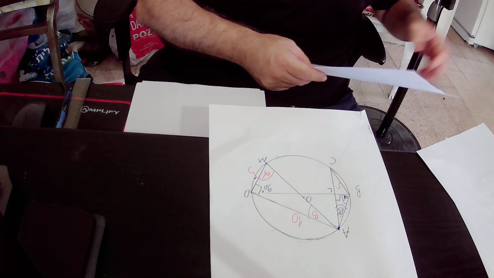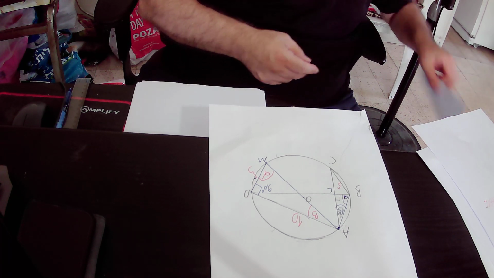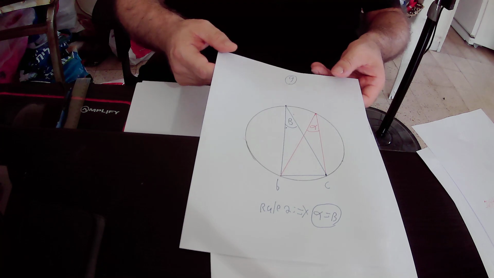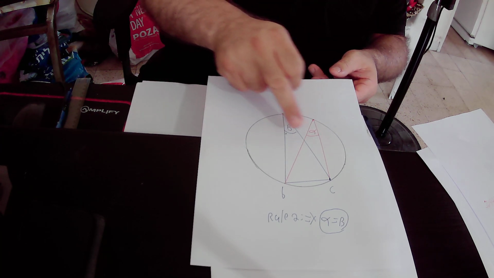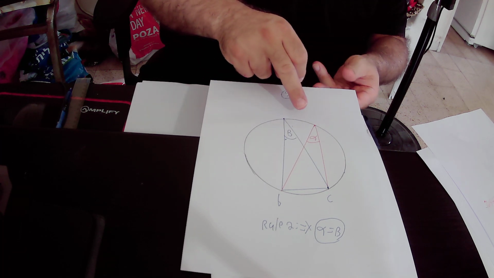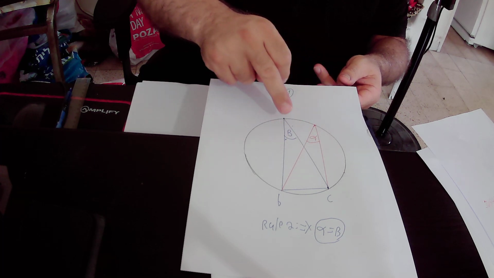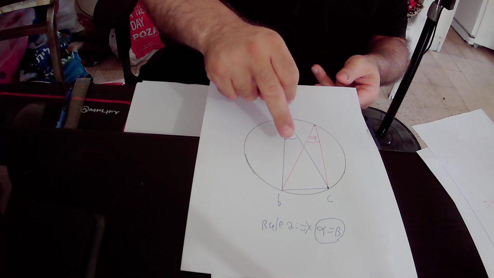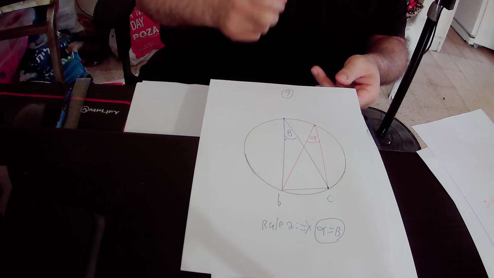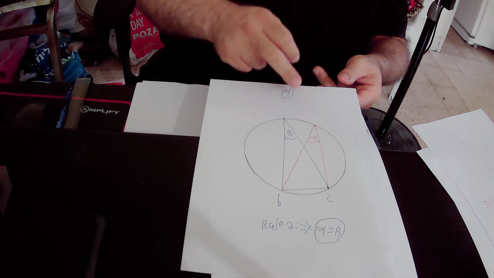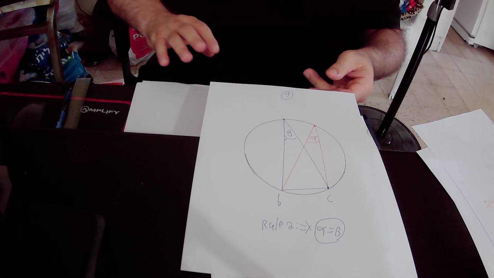So rule number 2 states that if we have two peripheral angles that rest on the same chord, in this example angle alpha rests on the chord BC, and angle beta also rests on the same chord BC, then they are equal to each other. That is to say, angle alpha equals angle beta.